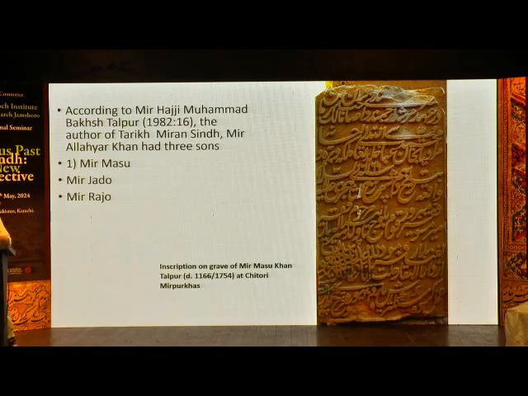So then if we wanted to discuss about Mir Alayar, Mir Alayar had 3 sons, Mir Masood, Mir Jado and Mir Rajo. If you look at this slide, you can see the inscription that is on the grave of Mir Masood, which is located at Chitori.